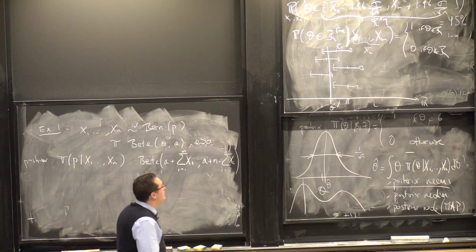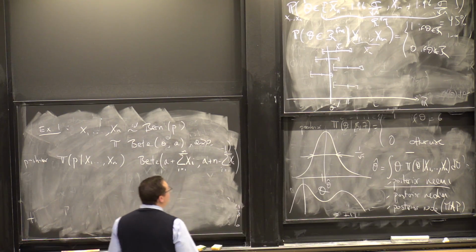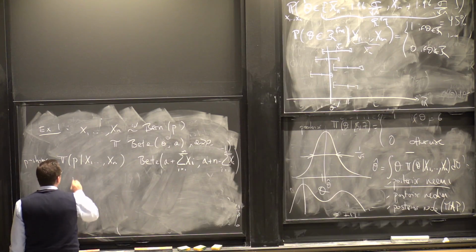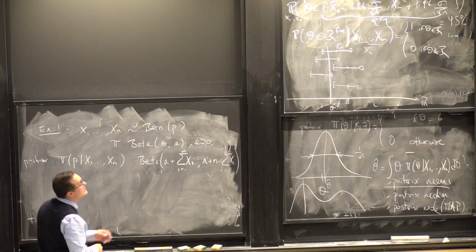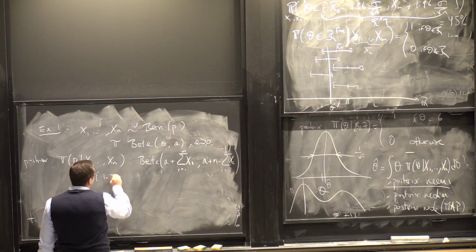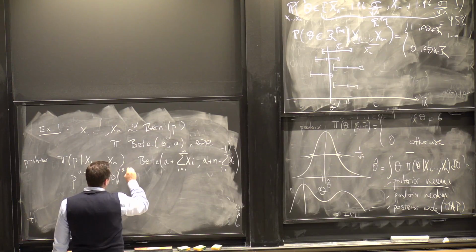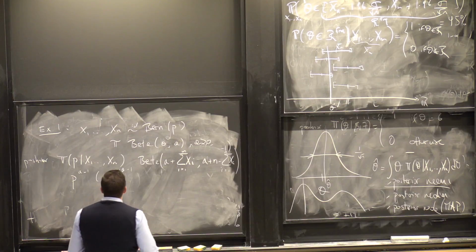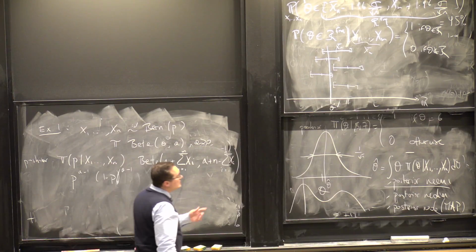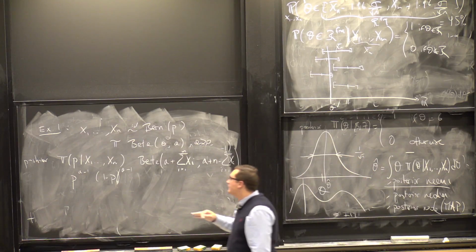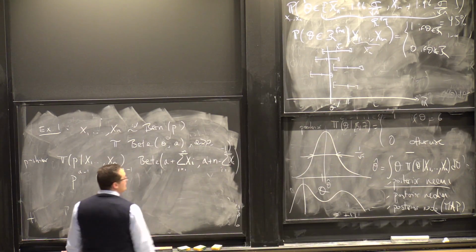And the beta density was just something that looked like p to the a minus 1, times 1 minus p. So if I want to understand the posterior mean, I need to be able to compute the expectation of a beta and then maybe plug in a plus this guy, a plus that guy.